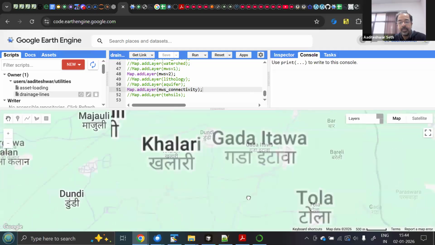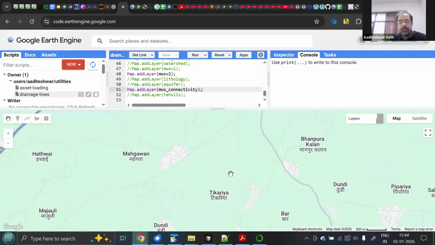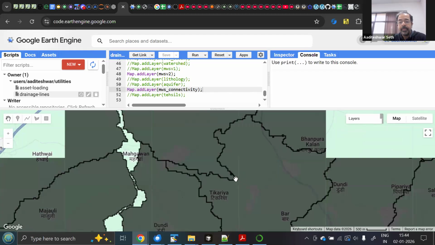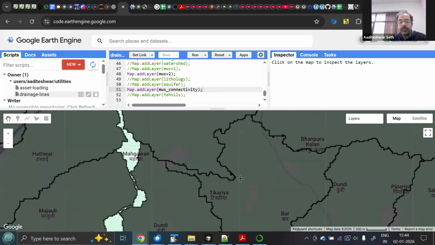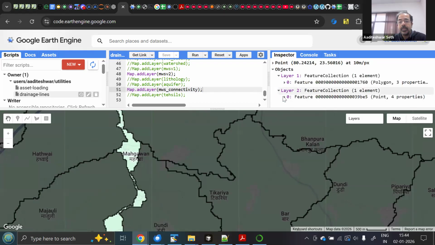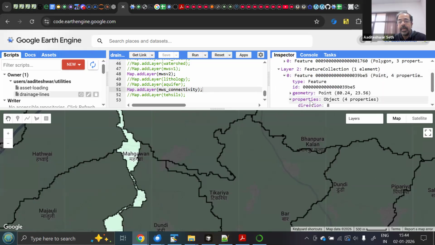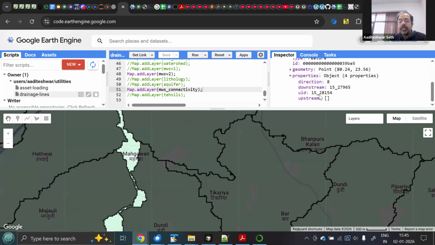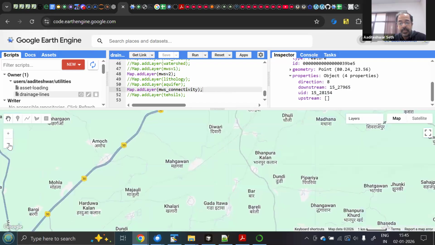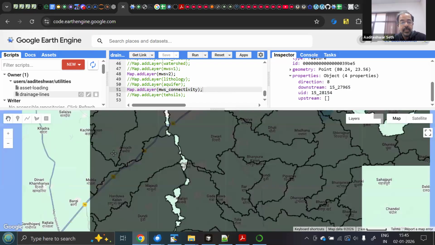What happens on these connectivity points is that you actually have information for this micro watershed: what is the downstream micro watershed, where it is flowing into, and a list of upstream micro watersheds. This one doesn't have any parents because it is right at the head.